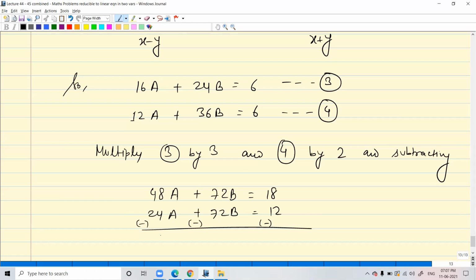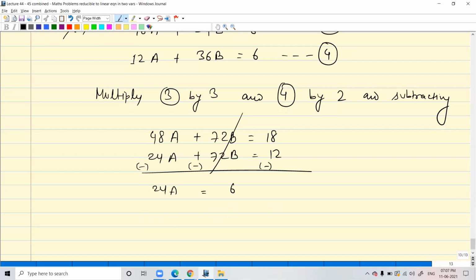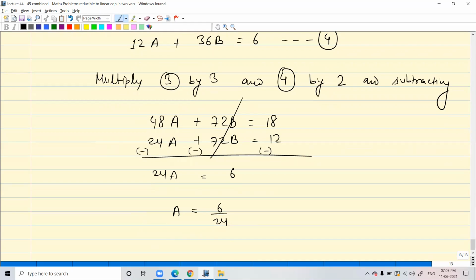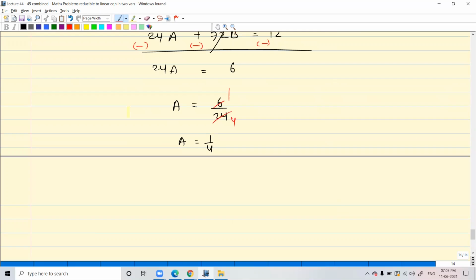So the b terms become 0. 24a is equal to 6. So a is equal to 6 by 24. Sir, I'm getting B as 1/12, sir. B is 1 by 12. Okay. Charan, A I got 1/4 only, sir.